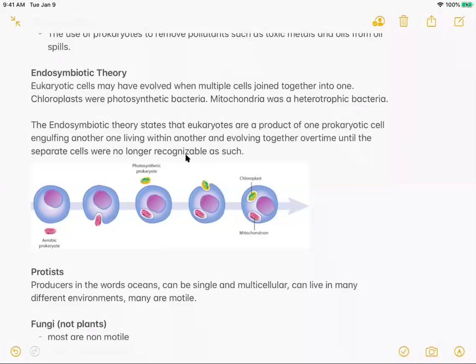They were completely on their own, and then they were engulfed, and eventually the chloroplast and mitochondria inside of the cell all evolved to be just one cell altogether, becoming a eukaryotic cell. So that is the endosymbiotic theory.